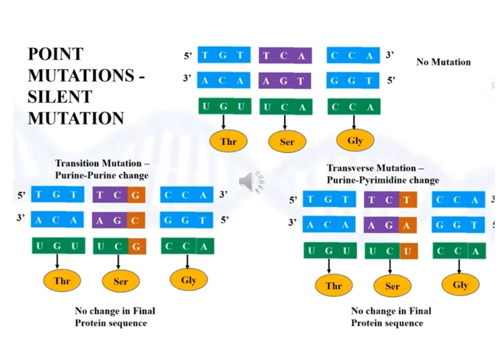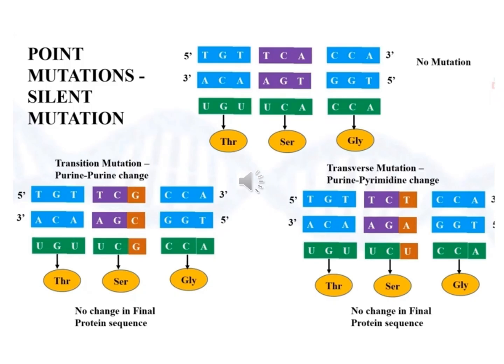A is replaced with G, so the complementary nucleotide is changed. The RNA code is changed, but the amino acid is not changed. This is due to the degeneracy of the genetic code, so the third position is not affected and there is no change in the final protein sequence.